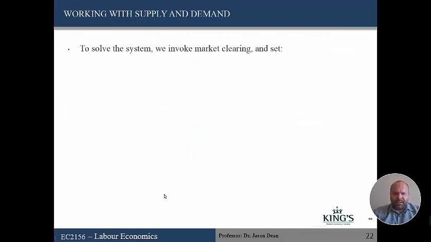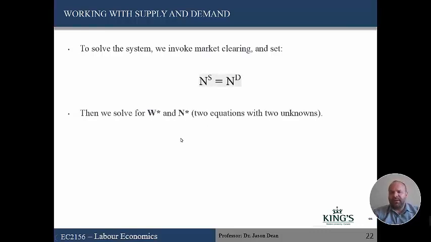To solve the system, we invoke the market clearing condition, which is that the quantity demanded should equal the quantity supplied. So we set them equal, and then we solve for W star and N star. We would have two equations with two unknowns.